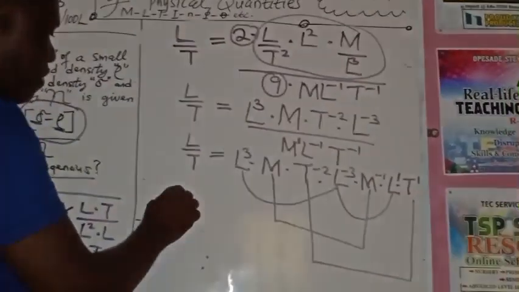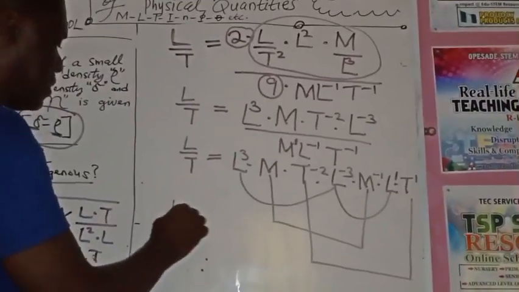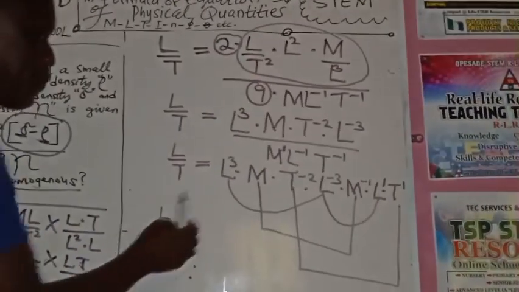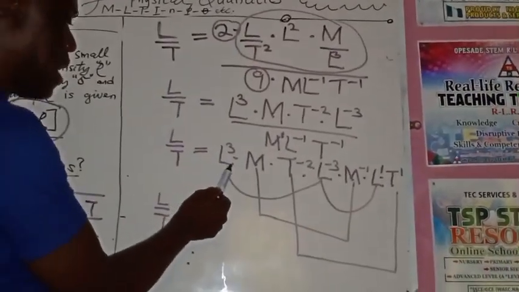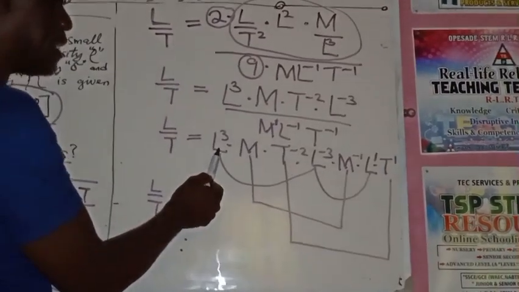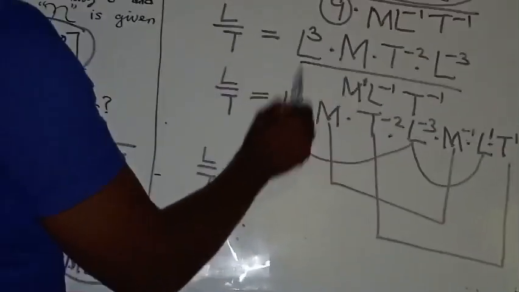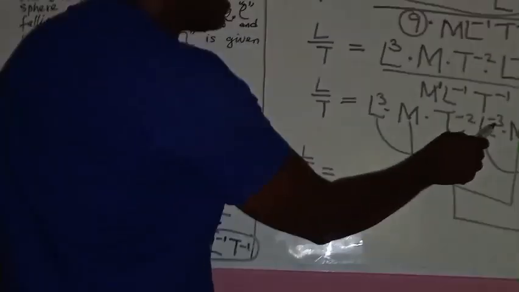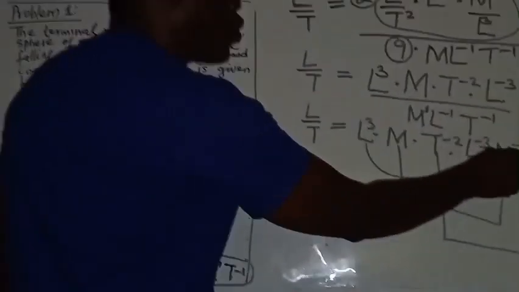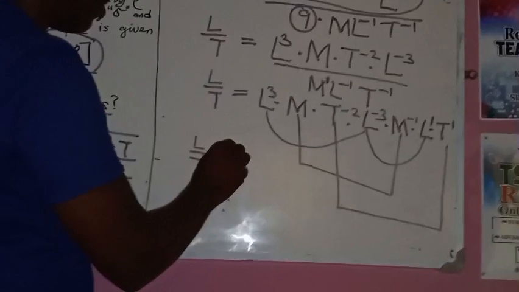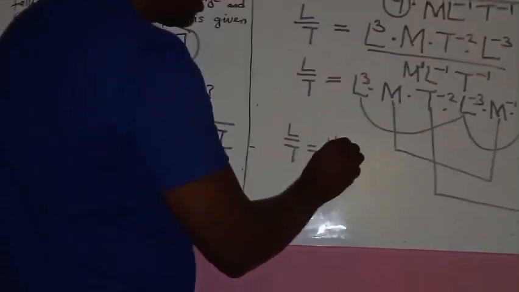Now that means I will have at this side L over T equals to, now let's start with that of the L. L is appearing in 3 places: 1, 2, 3. They have the common base, so I'll add the power. 3 plus minus 3, that's 0. 0 plus 1, that is 1. That will be L raised to power 1. Now let's go to that of M. Here is 1.